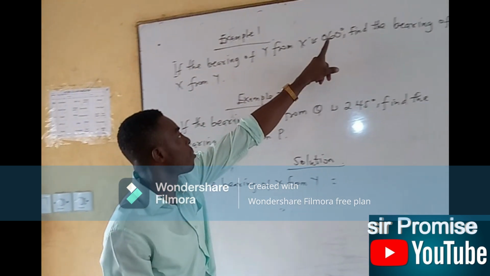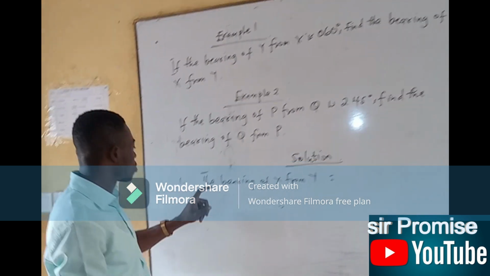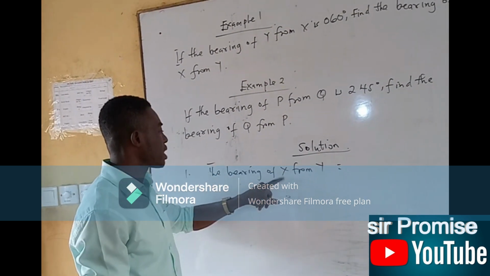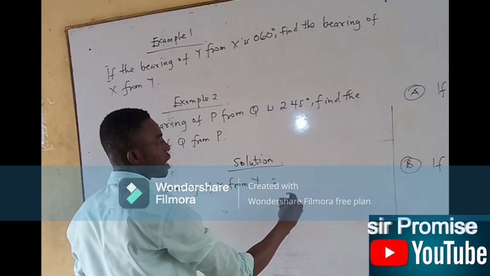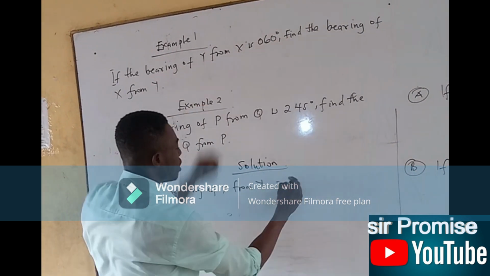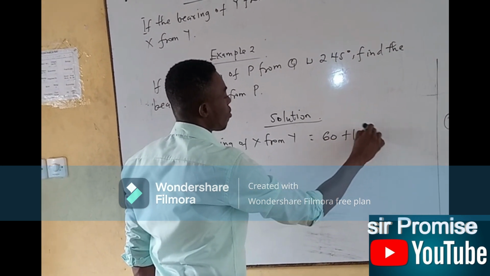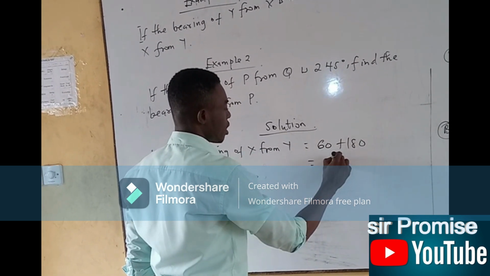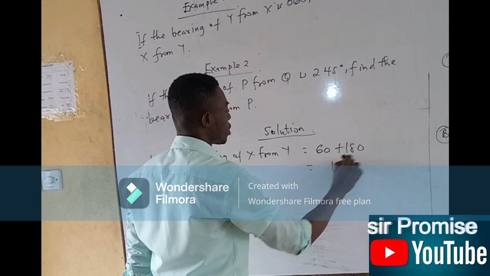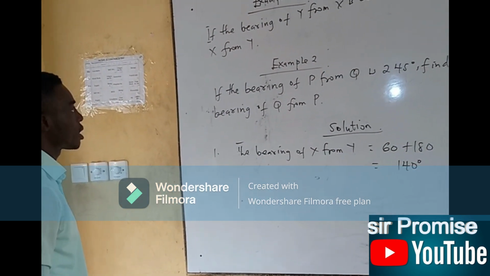Because we are given the bearing of y from x and we have to find the bearing of x from y, it's the back bearing or the reverse bearing. The rule says we should write the bearing that is given, so we have 60 and we add 180 to it. Directly this is going to give us 240 degrees.